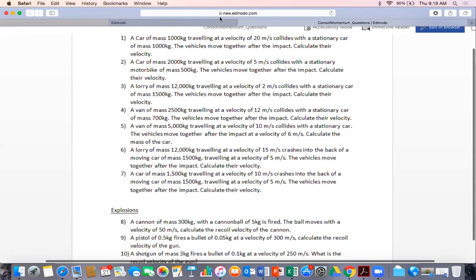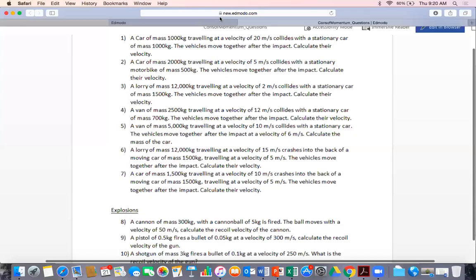So after the impact, they move together, that means they're stuck. So their momentum will be mass times velocity. Mass will be 5,000 of the van plus the mass of the car, which I don't know, so I just put x in brackets, and then they are moving at a velocity of 6 meters per second.